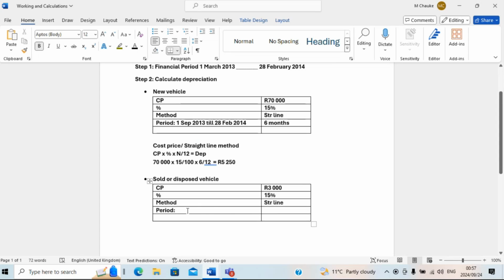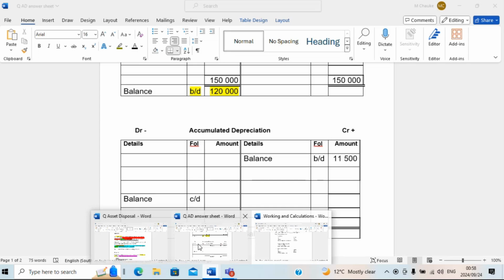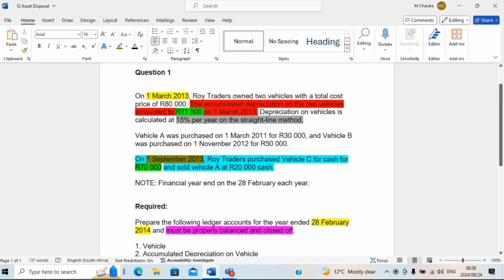It was there from the 1st of March 2011 until we sell it. When did we sell this? We sold this vehicle on the 1st of September 2013, right?